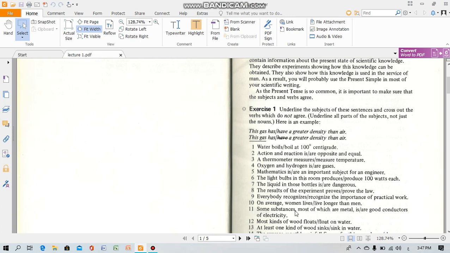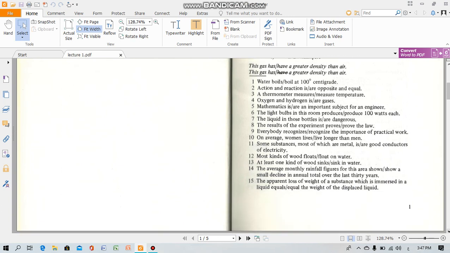Some substances, most of which are metal, are good conductors of electricity. Okay?